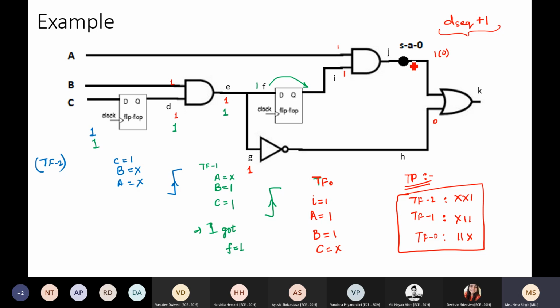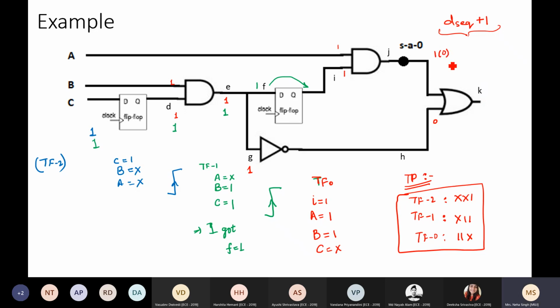So this is very difficult. It seems easy that it should be easily seen at the primary output, but actually it is difficult because it requires 2 time frames of work previously. So this is observability. How difficult is it to observe your fault towards the output?